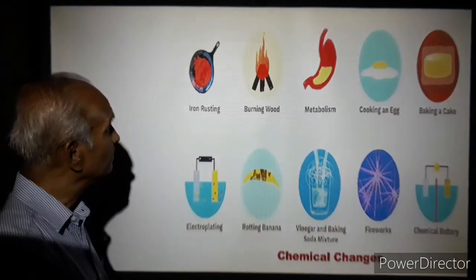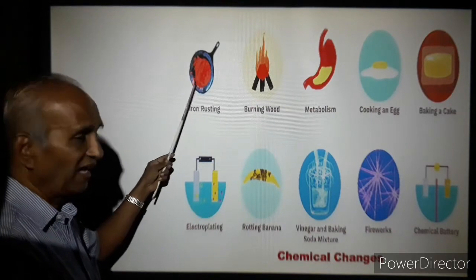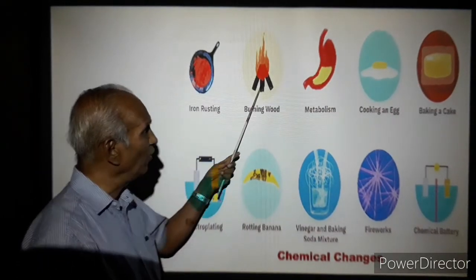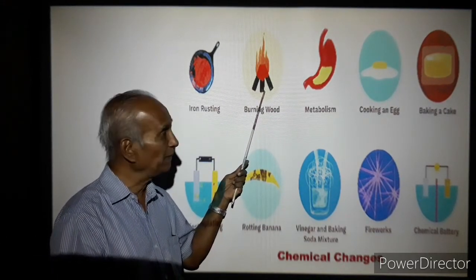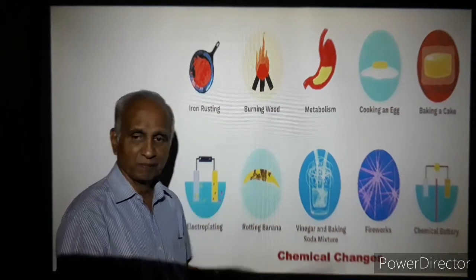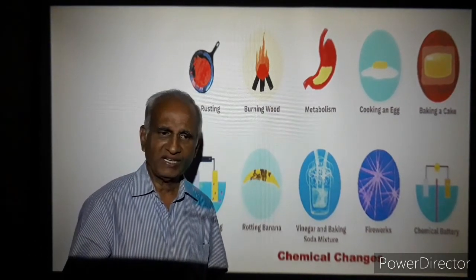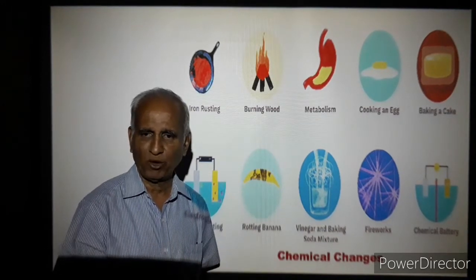Next. Here you can see iron rusting. Iron, when it gets rusted, it is a case of chemical change. Wood, you burn wood. Wood gets burned down, it's a chemical change. Metabolism. We take in food. Nutrients in the food are absorbed by the blood. It goes to different parts of the body.